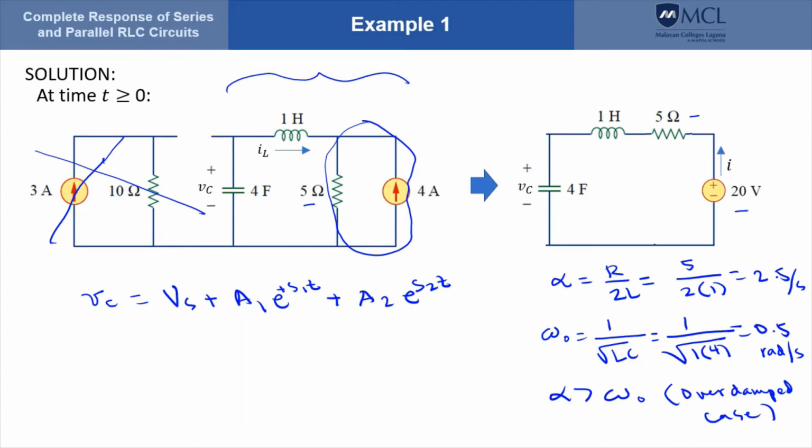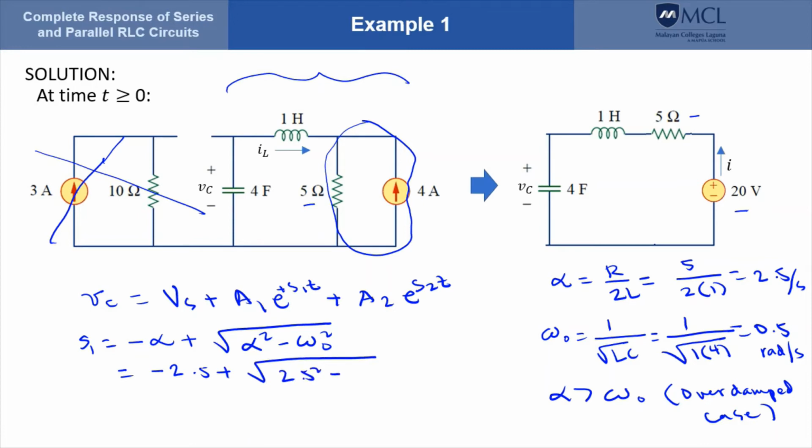Where S sub 1 is equal to negative alpha plus the square root of alpha squared minus omega naught squared. So this will give us minus 2.5 plus the square root of 2.5 squared minus 0.5 squared, which is equal to negative 0.0505.